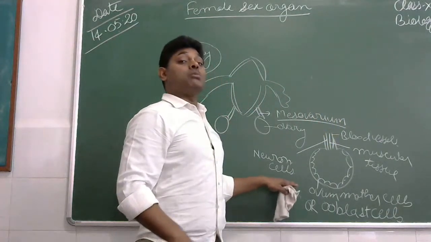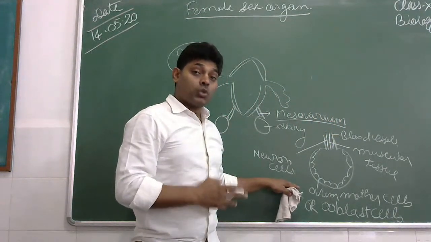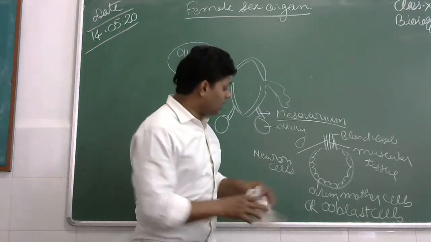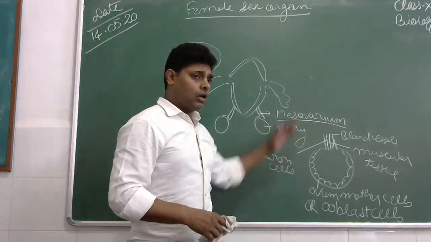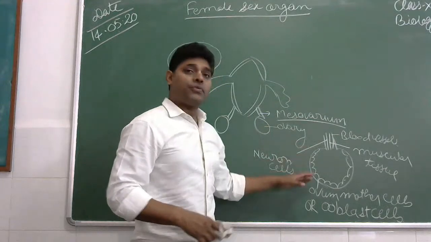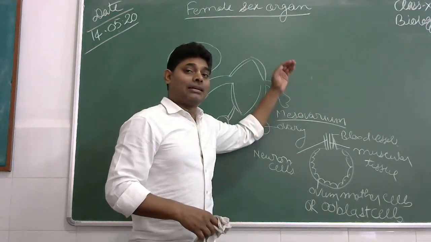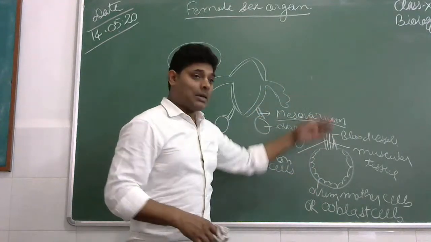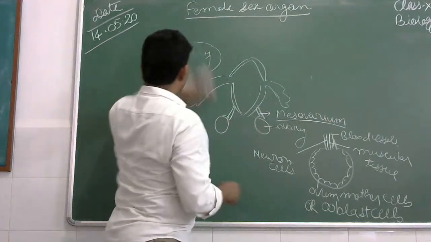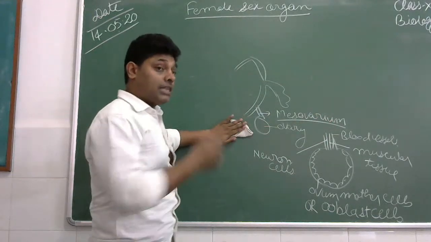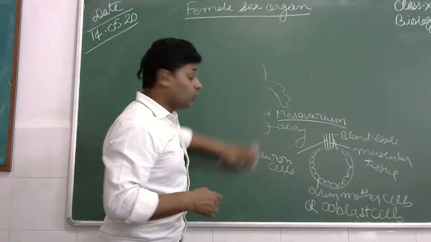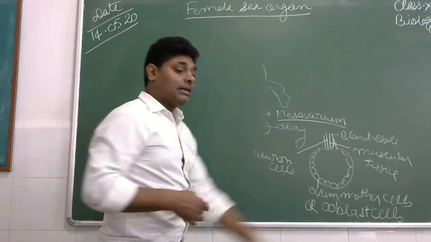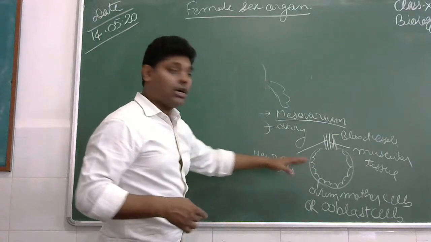They number approximately 1 to 2 lakh. So this is the overview of the ovary. If we make a transverse section of the ovary, we get such a structure. First of all, I will tell you about oogenesis, and then the transverse section of the ovary.